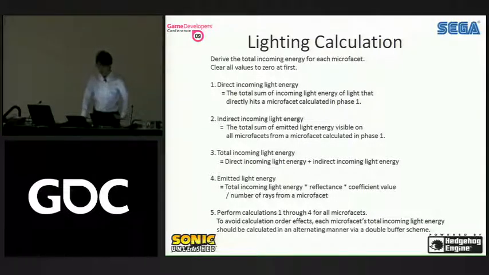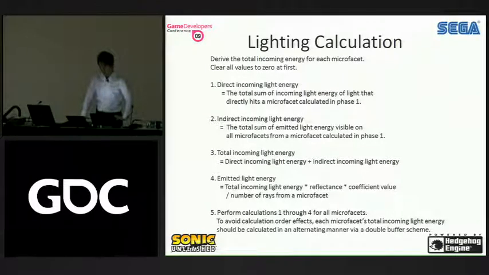Number 1, first, we think about direct incoming light energy. This is the total sum of incoming light. And then we remember this number. Number 2, then indirect incoming energy. The total sum of emitted light energy visible on all microfacets from a calculation in phase 1.